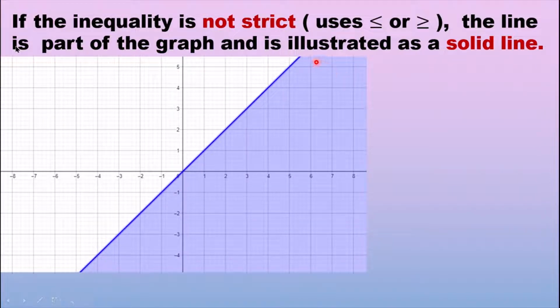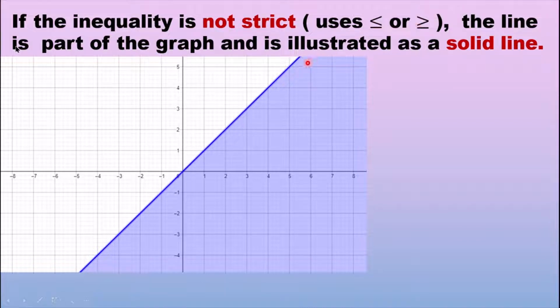Okay. So, ito yung graph ng ating not strict inequality. So, kasama ang lahat ng solution set ay makikita dito sa below the line. So, ito yung half plane na tinatawag below the line at kasama din ang boundary line. So, dito, meron din tayo ditong solution set kasi yung ating inequality symbol na gamit ay is less than or equal to or is greater than or equal to.